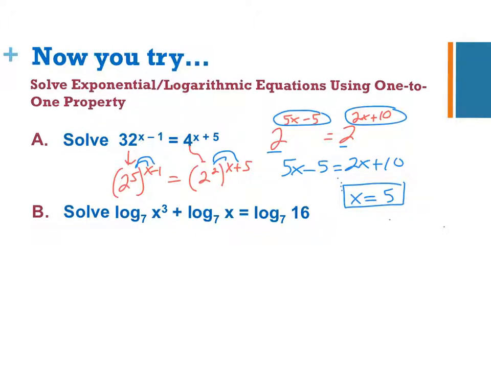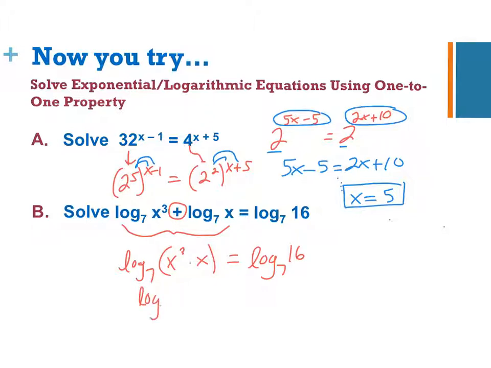For the next one, I can use properties of logarithms to condense this to a single logarithm. Since this is an addition, I can write this as log base 7 of x cubed times x. I can write that as a multiplication. It still equals log base 7 of 16 on the right side, but now I can multiply those together and it becomes log base 7 of x to the 4th equals log base 7 of 16.